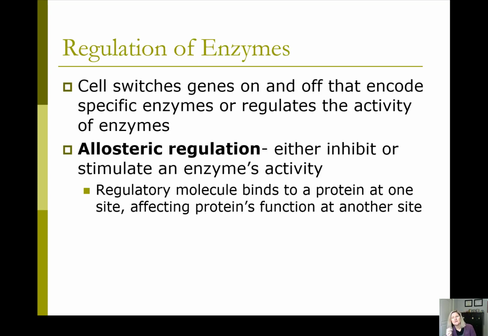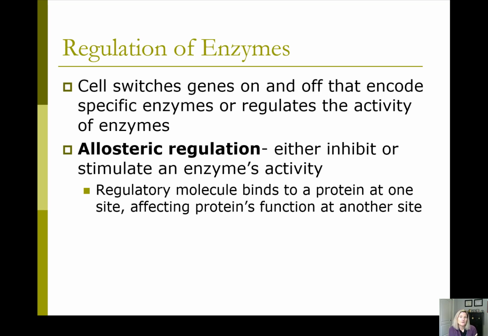Now we might think that enzymes being disrupted always seems to be a bad thing because it prevents a reaction from occurring. But that's not true. We do want regulation of enzymes. We don't want certain reactions to occur over and over again in our body, so we need a way to switch off and switch on.